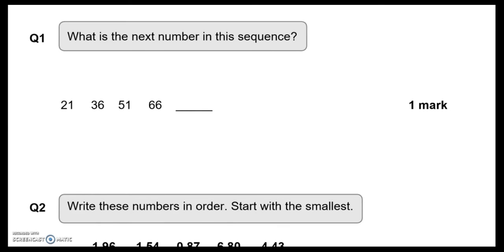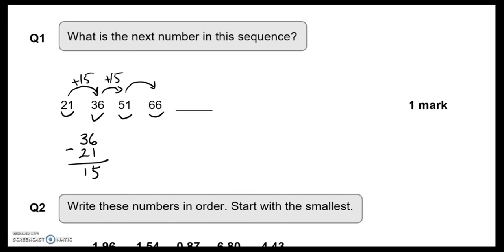Question 1. What is the next number in this sequence? We've got 21, 36, 51, 66. To get from 21 to 36, what do we need to add? So we'll work it out by going 36, take away 21. That gives us 15. So if we add 15 to 36, it should give us 51.